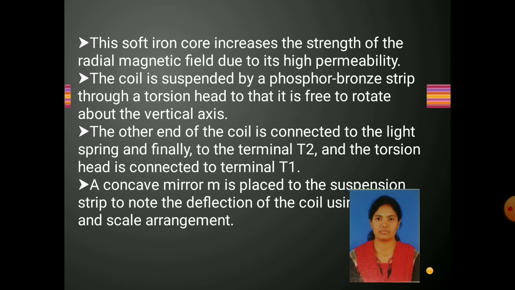You will understand it clearly when you look at the picture. A concave mirror is attached to the suspension strip to note the deflection of the coil using a lamp and scale arrangement. Using the lamp and scale arrangement, we can measure the deflection of the coil.